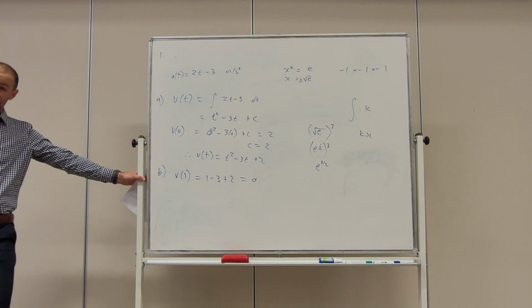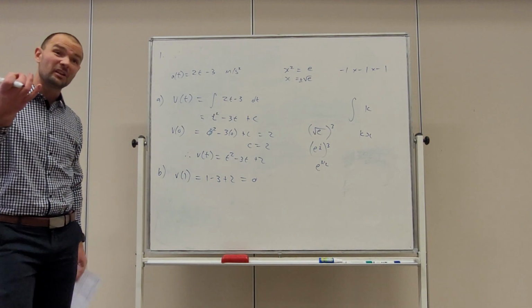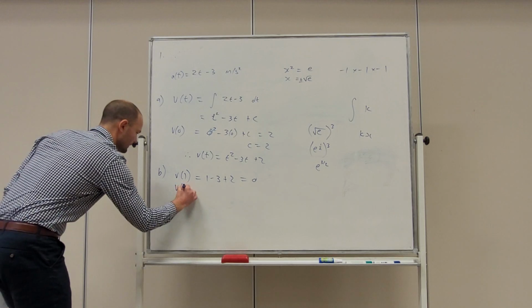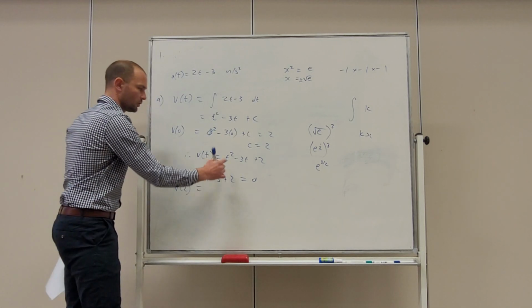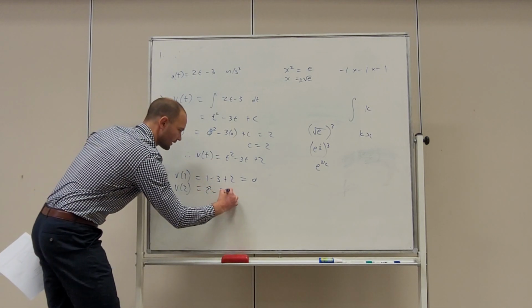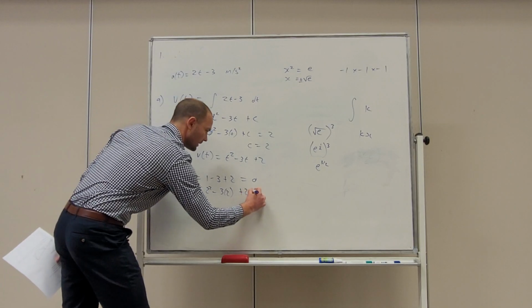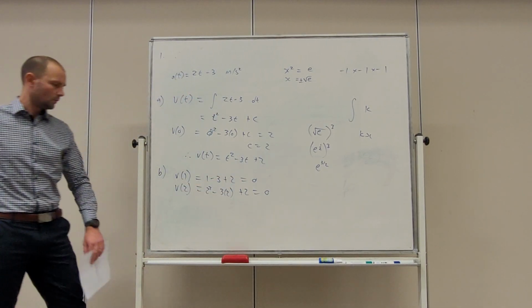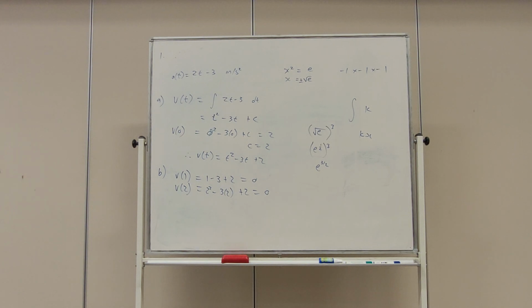A velocity of 0 means it's not moving, it's stationary. And v of 2: 2 squared take 3 times 2 plus 2, so 4 take 6 plus 2, which is also 0. That's all you're required to do there.